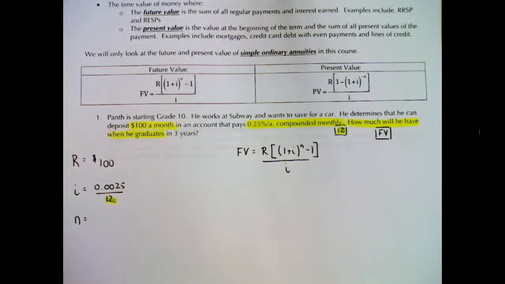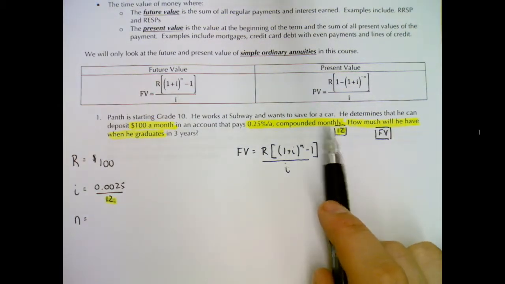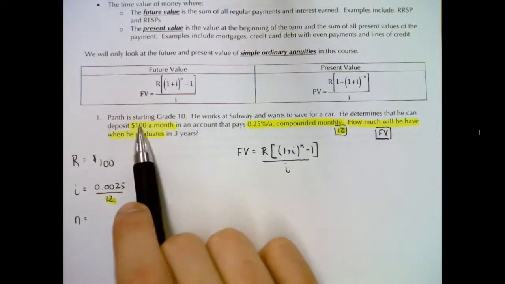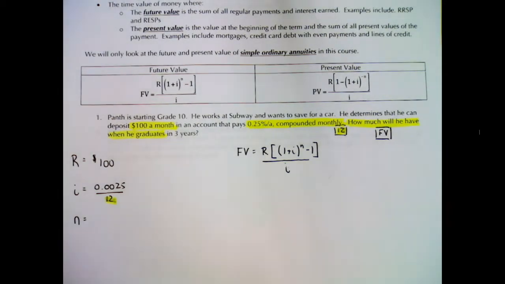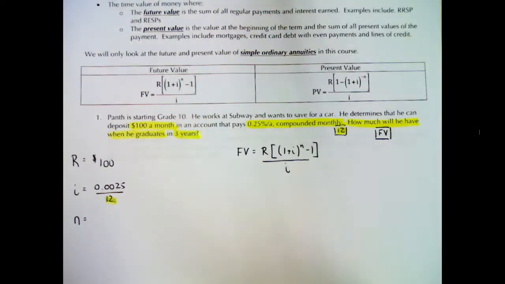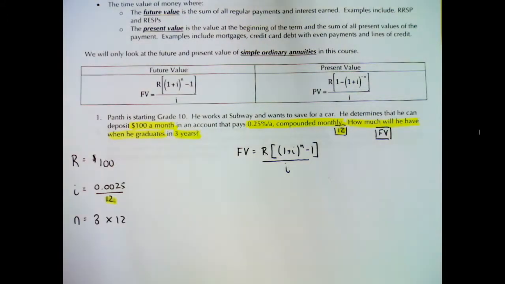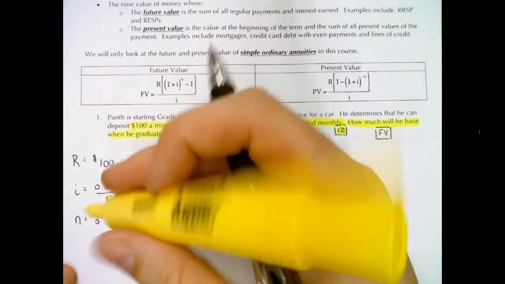And n is the number of compounding periods. Since we're compounding monthly, and we're making monthly deposits, we're making 12 deposits per year, and since we're making these deposits for 3 years, it would be 3 times 12. I'm going to highlight the 12 again.